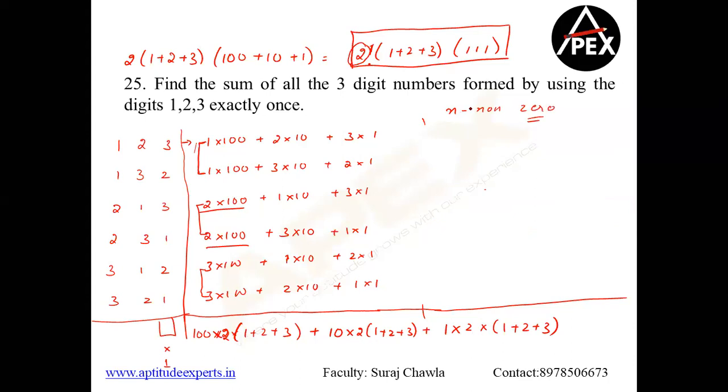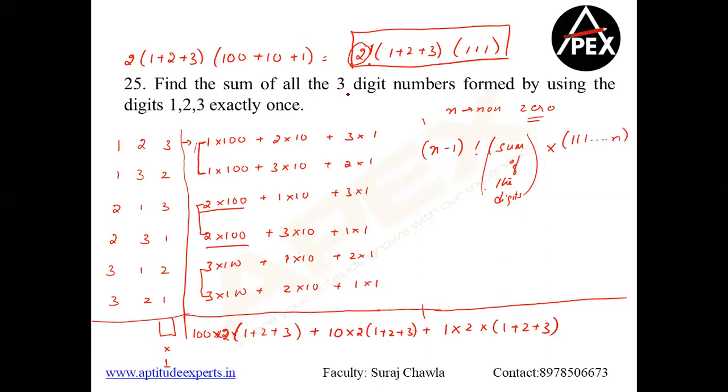If you have n non-zero digits, then the formula is going to be quite simple. N minus 1 factorial into sum of the digits, whatever the digits are given, okay? Clear? Into 1, 1, 1, so on, n times.